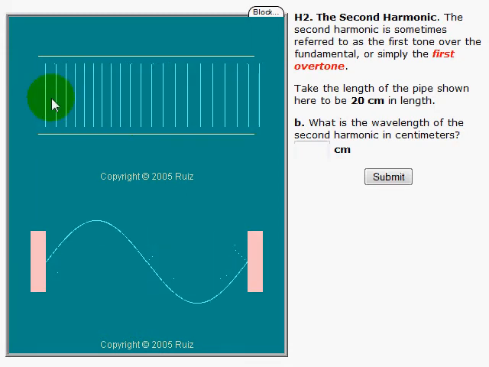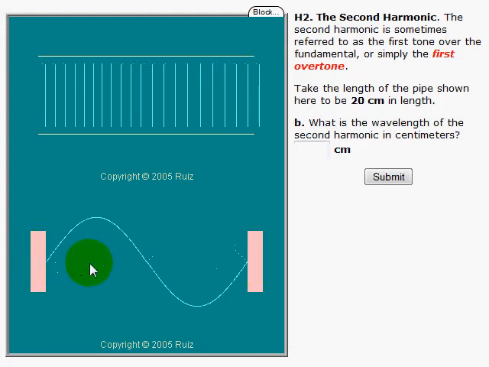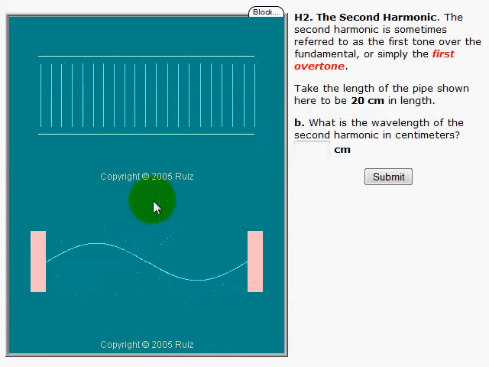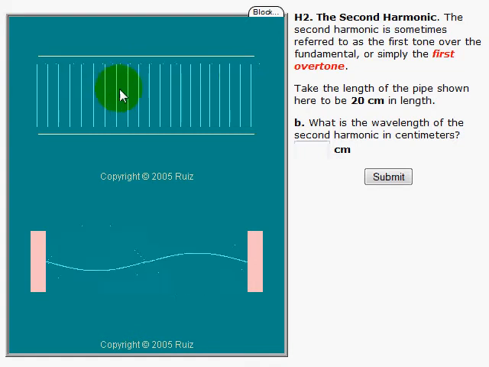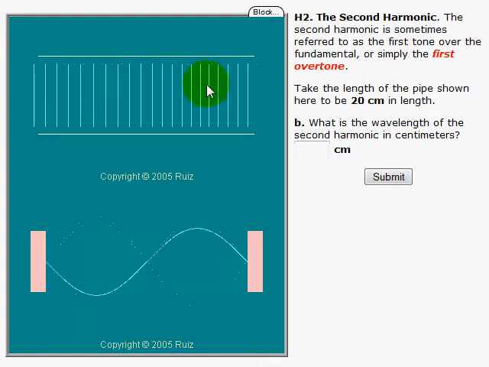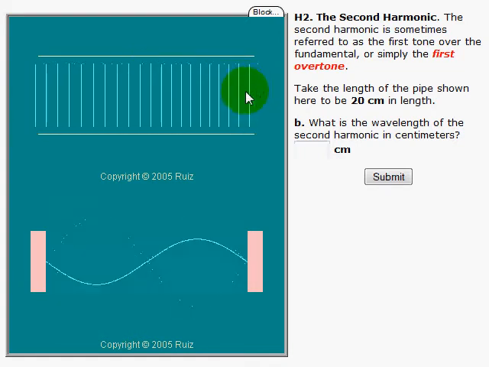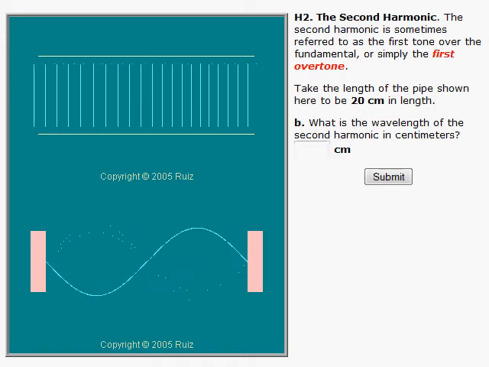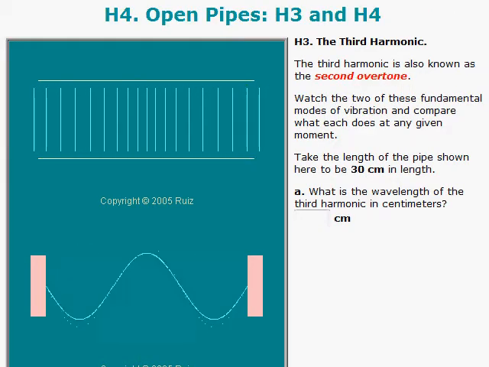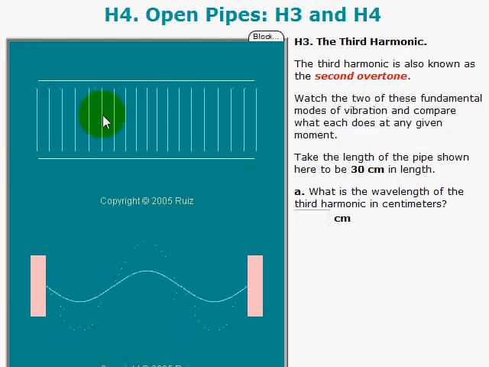Just remember that you're thinking pressure when you make the analogy. When this is N, A, N, A, N for node, antinode, node, antinode, node, you have node here for pressure, antinode for pressure, node for pressure, antinode for pressure, and node. The same arrangement.